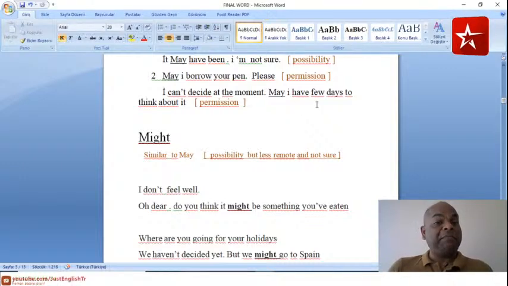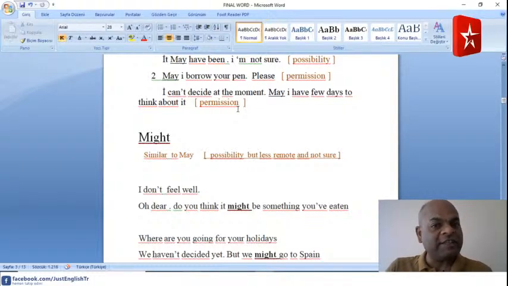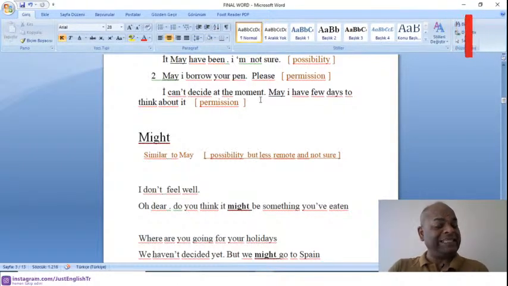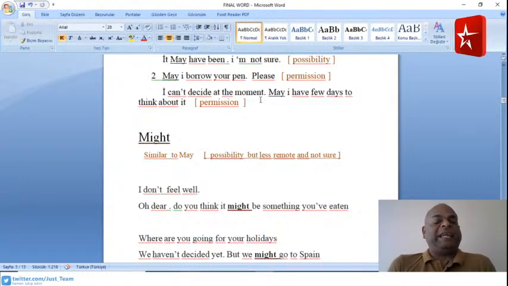So here it says, may I borrow your pen, please? Now, remember, borrow means that, for example, I gave you something, and after you finish your work, you return it back to me. Now that is called borrow, for a time frame.